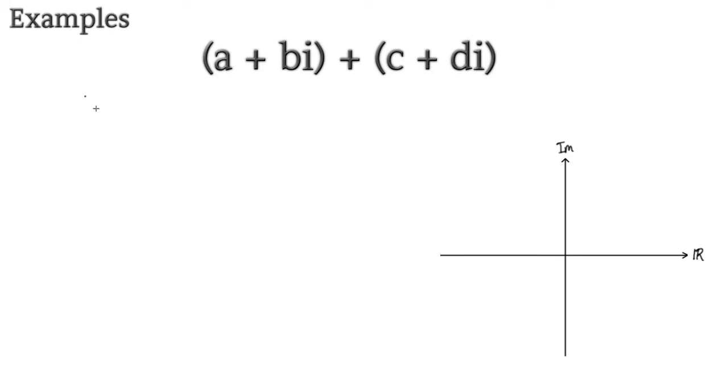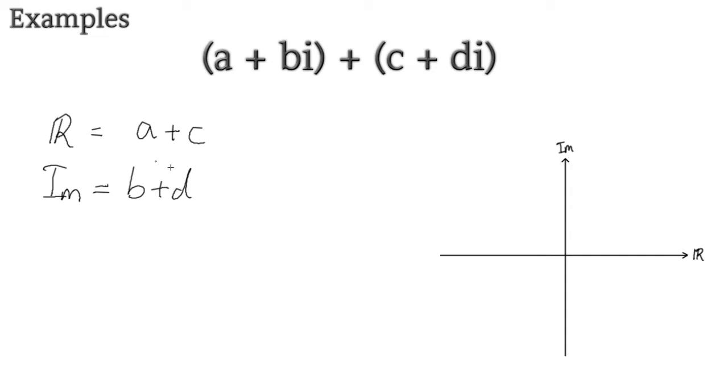With that, you can just group up the real parts and the imaginary parts. So in the real part we have a plus c. In the imaginary part, however, we have b plus d. This works for all real a, b, and c, d.